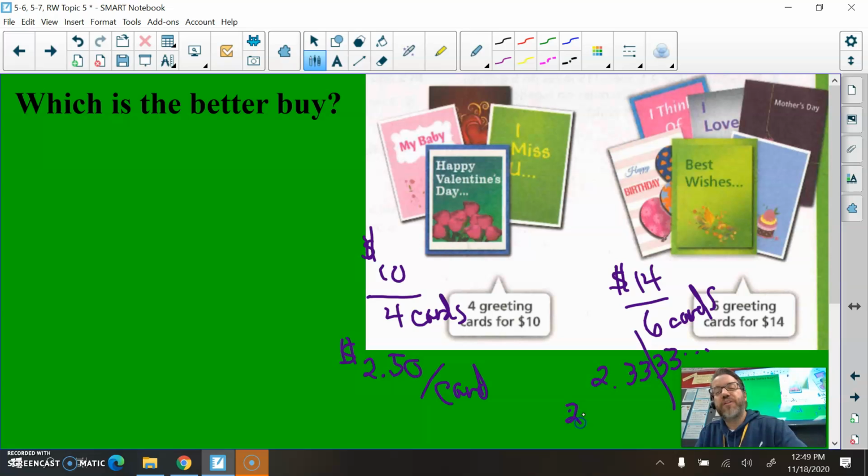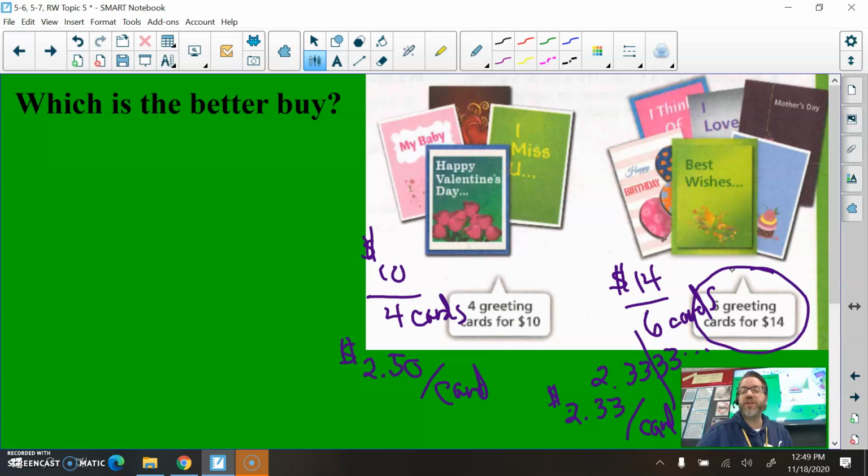And then we have $2.33 per card. So which is the better buy, $2.50 per card or $2.33 per card? Well, $2.33 per card is a little bit cheaper. So the 6 cards for $14 is the better buy. You save about 17 cents per card that way.